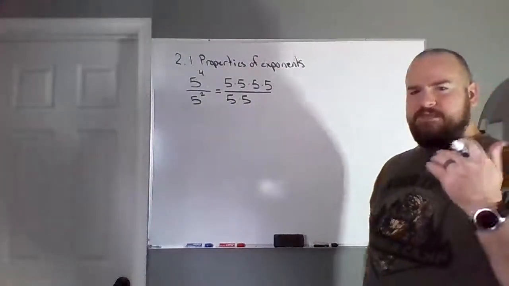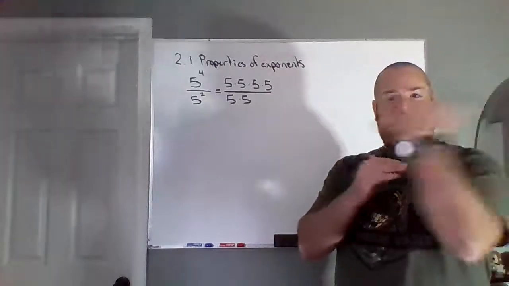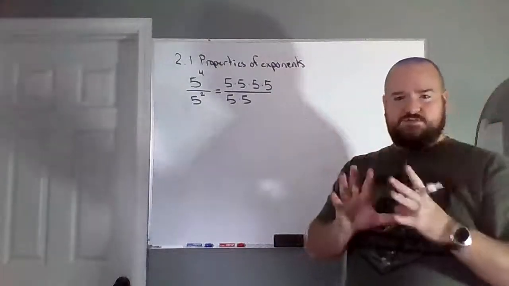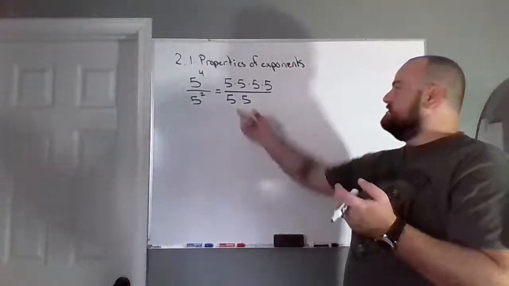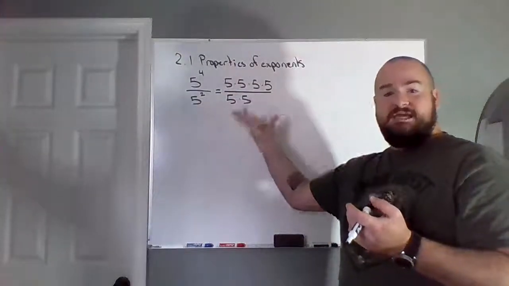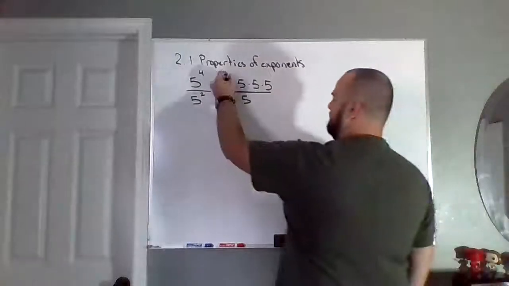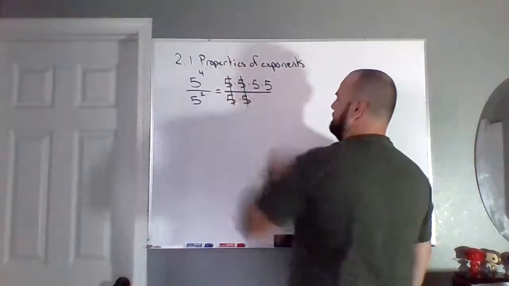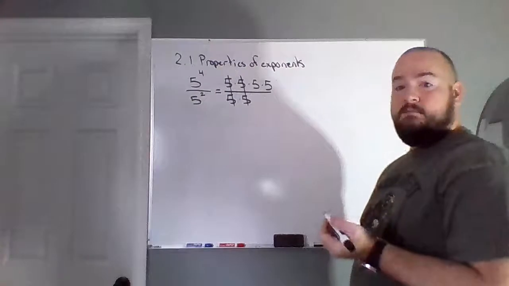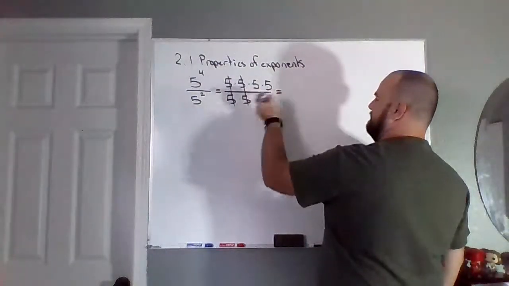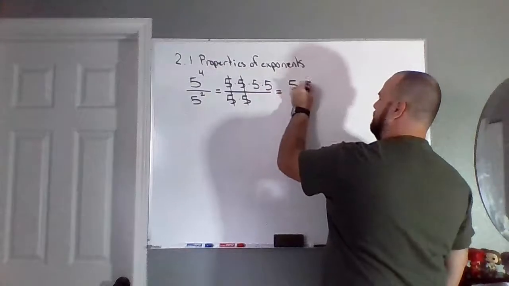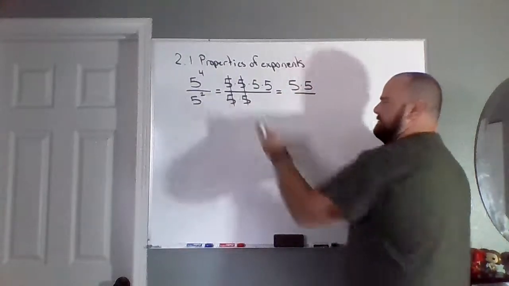Well, if you remember, if our fraction is all multiplication on top and bottom, there's no addition or subtraction mixed in, we can cancel out common factors. So since all of this is multiplication, I can cancel out common factors. In other words, I can actually cancel out these and these. And what that gives me is I have 5 times 5 in the numerator, and there's nothing left in the denominator.